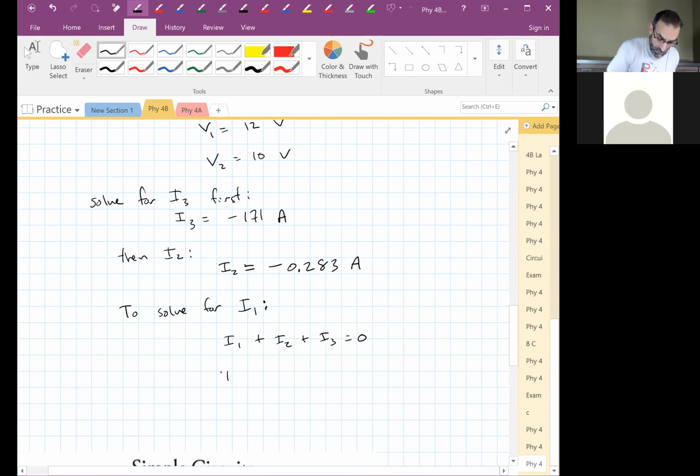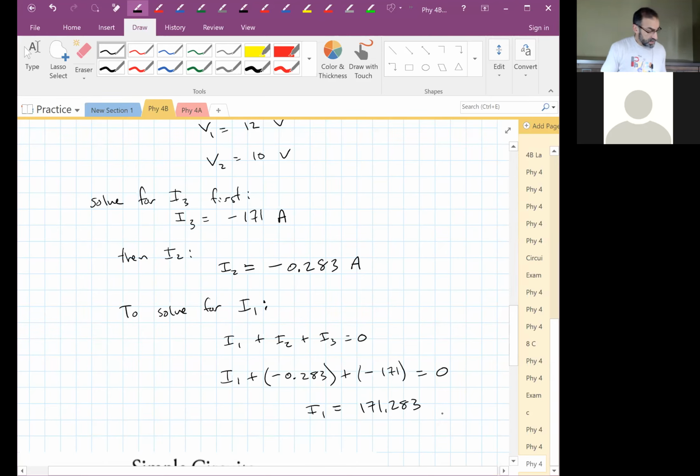So I get I1 plus negative 0.283 plus negative 171 is 0. I1 is 171.283. So what does this tell me?